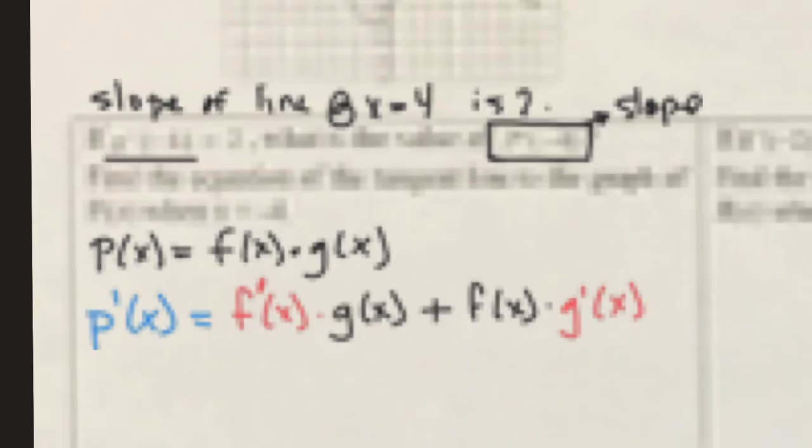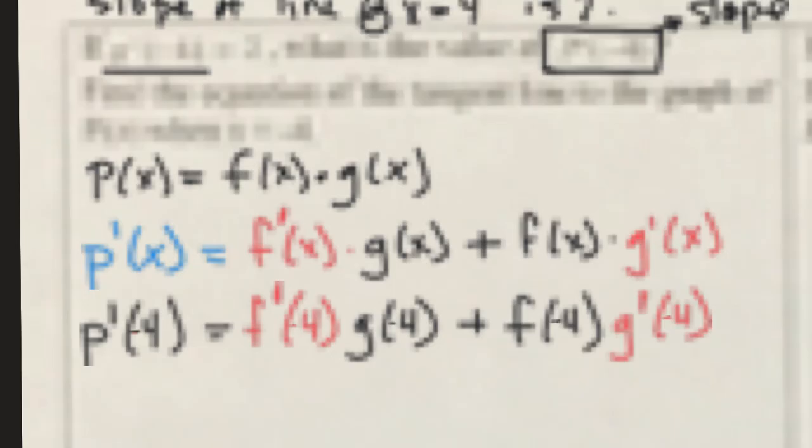This is a straight up product rule formula. We have two functions, F and G. The product rule says you take the derivative of one times the other, and then take the one times the derivative of the other. And we want to evaluate this when x equals 4. So we're trying to find what P prime at 4 is. We're going to change all of our x's into 4's.